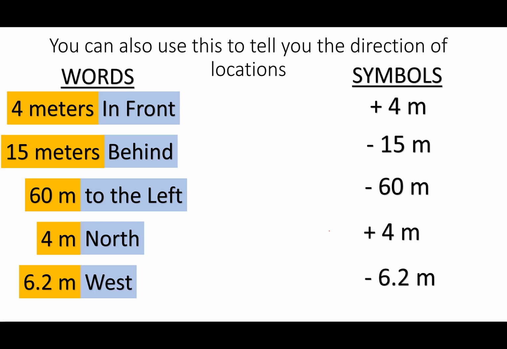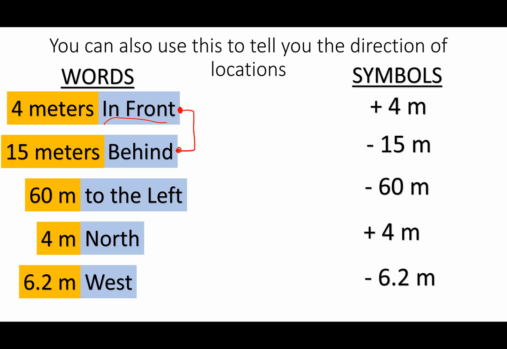That's it. You might say, wait a minute. In front, behind, to the left, that's not a line. But crucially, whenever I say a sentence, there are only going to be two possible places a thing could be. If I have this, then it could either be in front or behind.